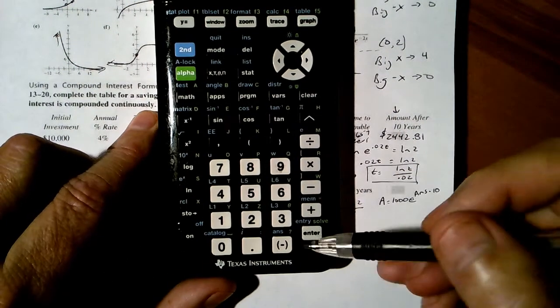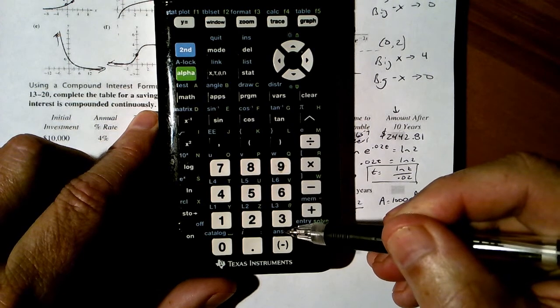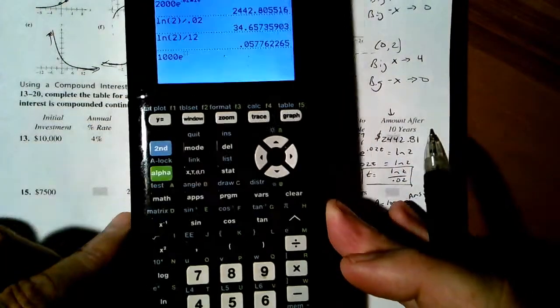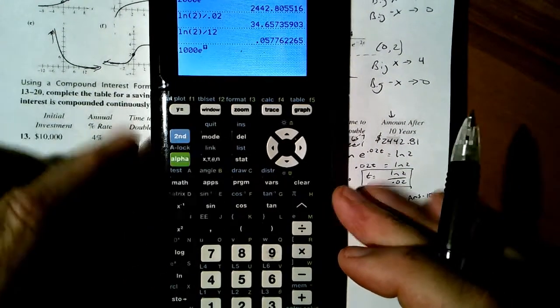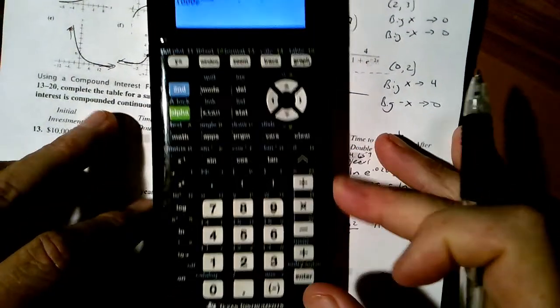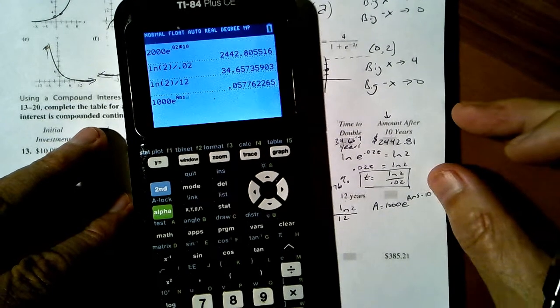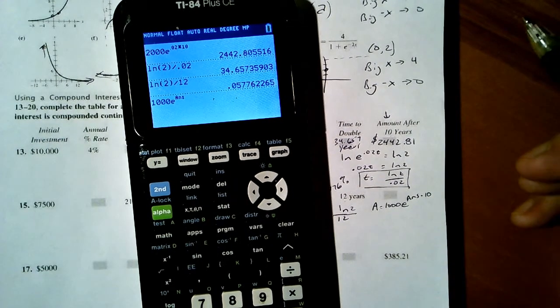However, this ANS button, at this stage I suspect many of you know this, and I suspect some maybe have never used it. This ANS button will bring the last answer forward. So I'm going to go second ANS, and that's a really good habit to get into on these problems, because clearly we need to be correct.